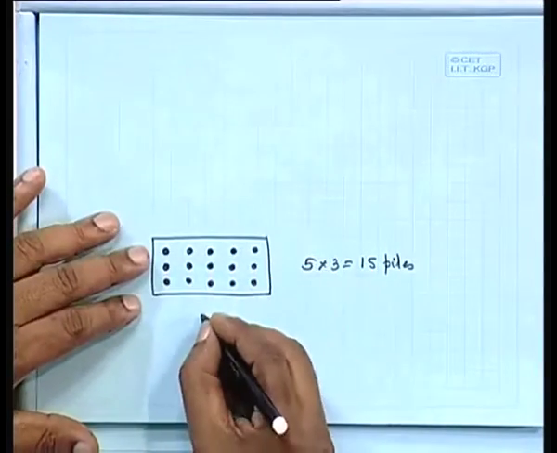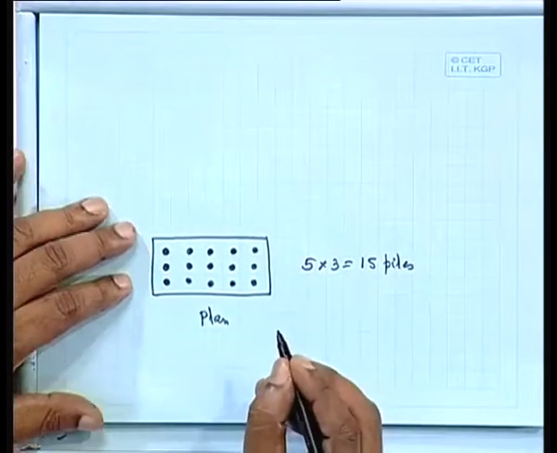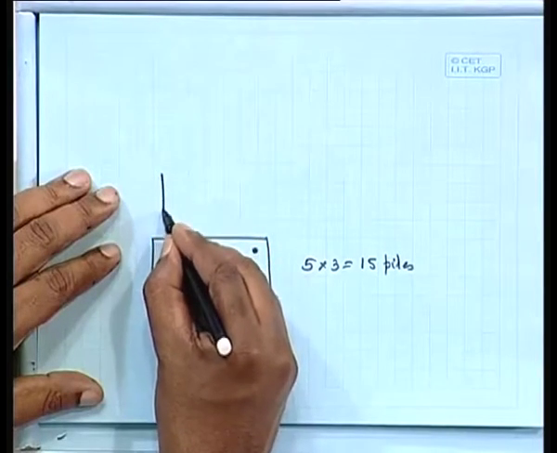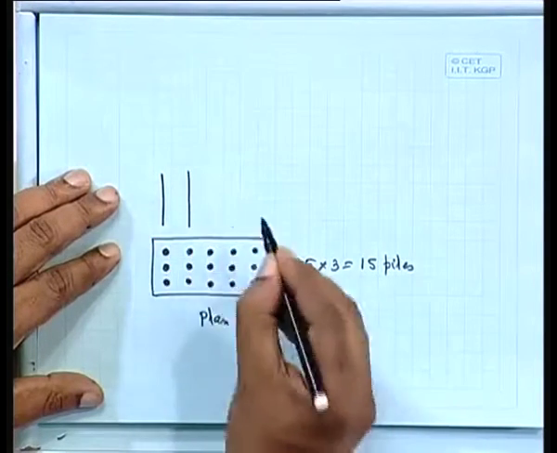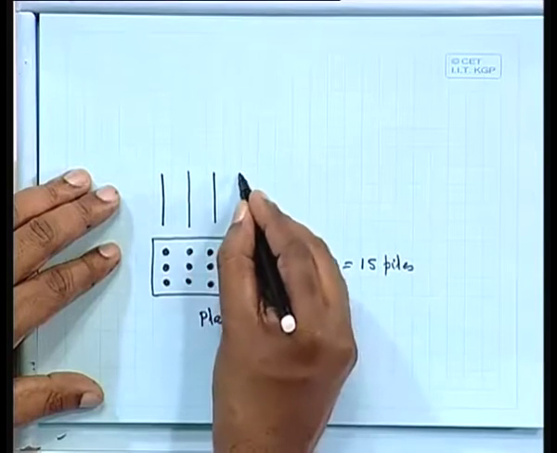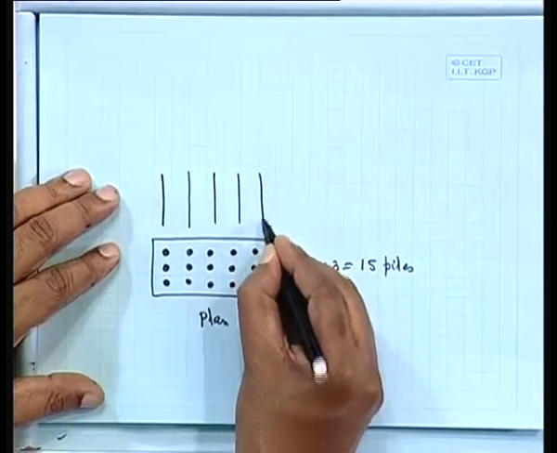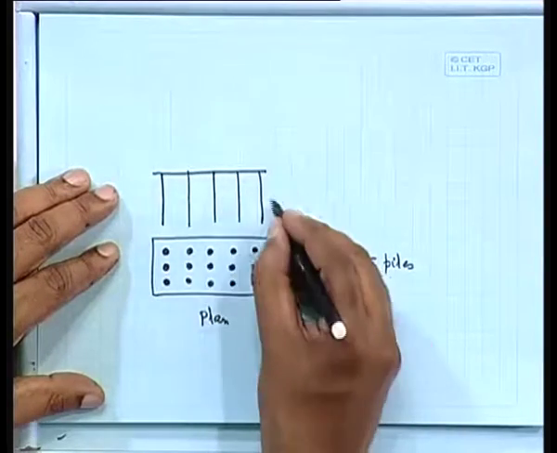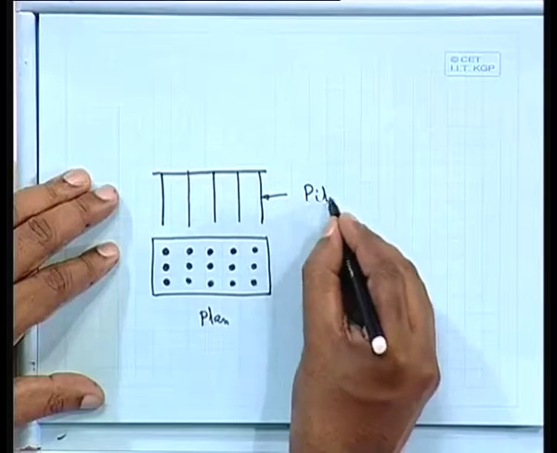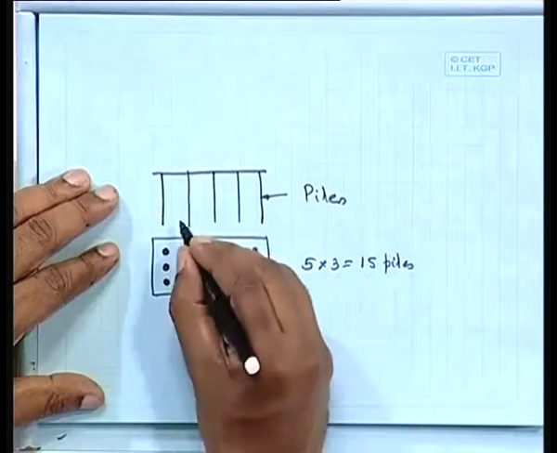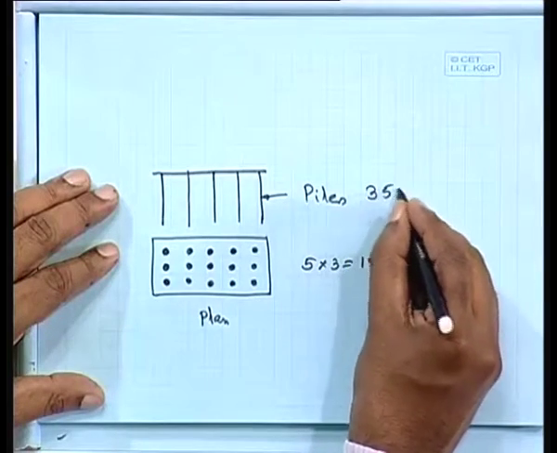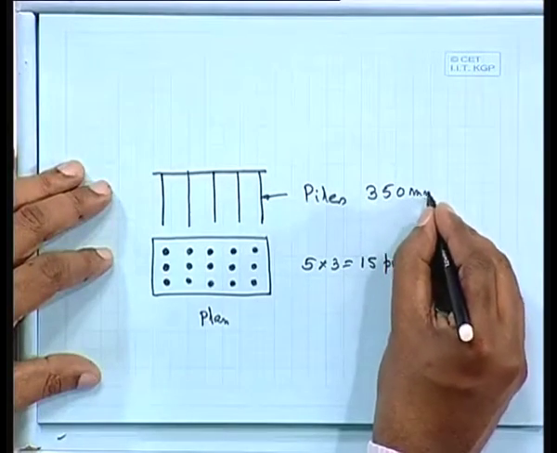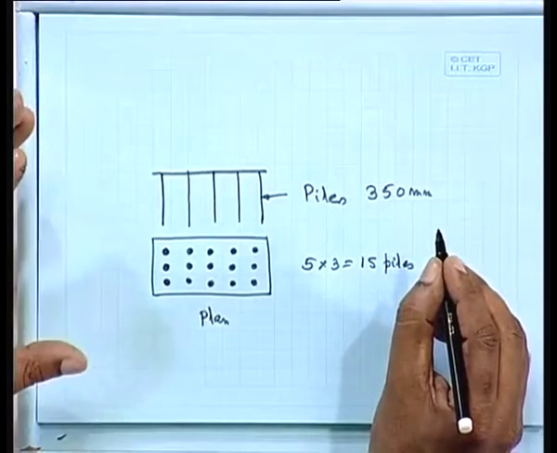This is the plan I am talking about. So we will have 1, 2, 3, 4, 5, and these are all called piles, each of them maybe 300 or 350, just to give you some dimension so that you know, maybe 350 millimeter, 400 millimeter diameter.